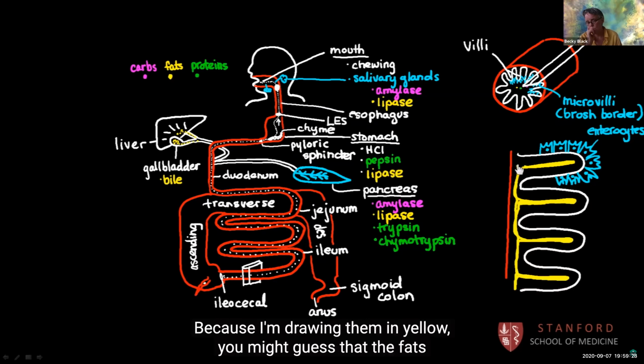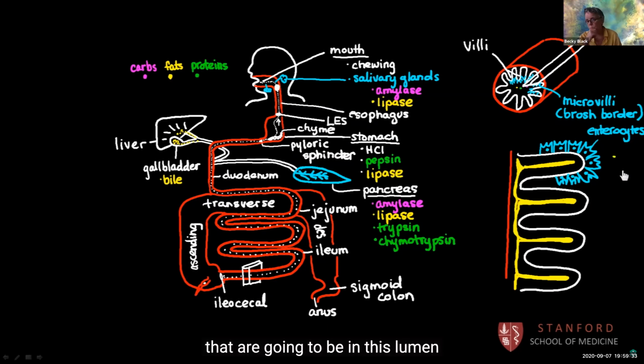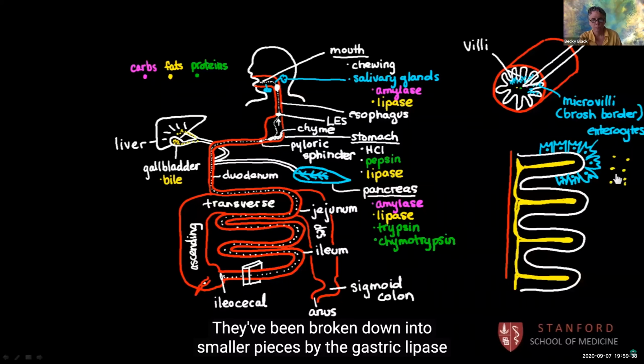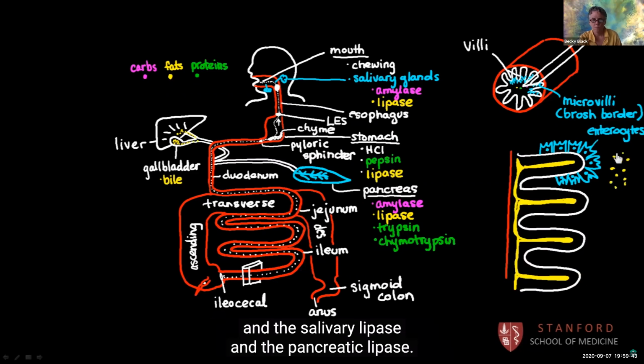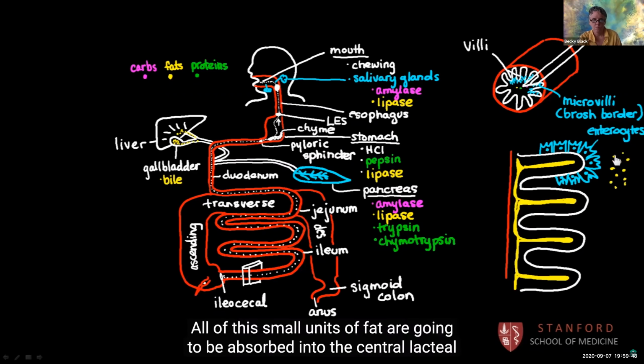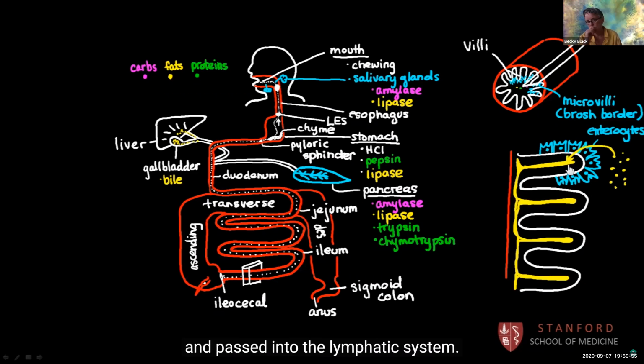And because I'm drawing them in yellow, you might guess that the fats that are going to be in this lumen, and they've been emulsified by the bile, they've been broken down into smaller pieces by the gastric lipase and the salivary lipase and the pancreatic lipase. All of these small units of fat are going to be absorbed into the central lacteal and pass into the lymphatic system.